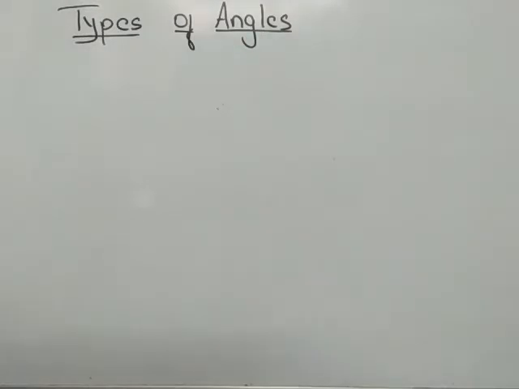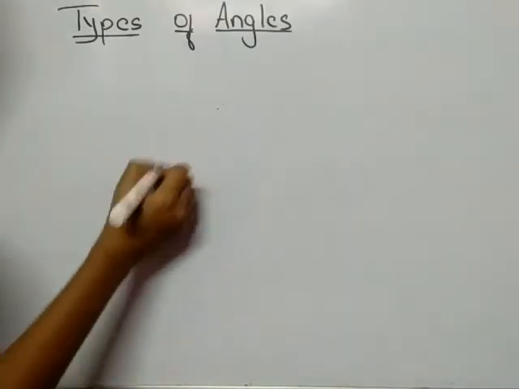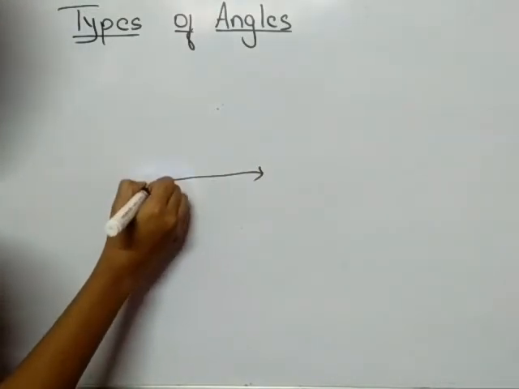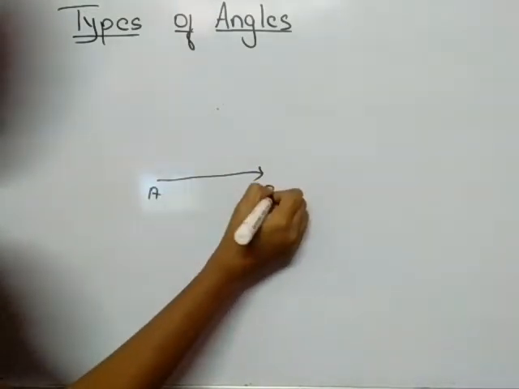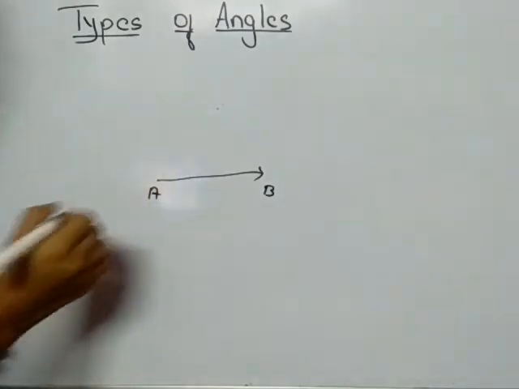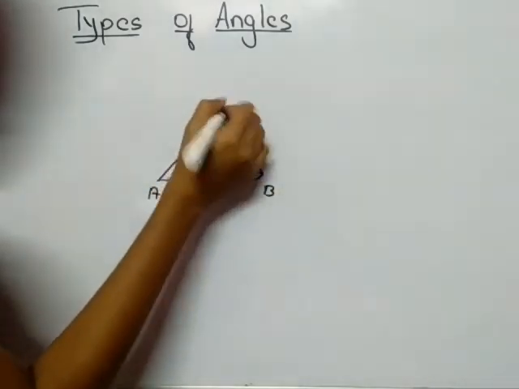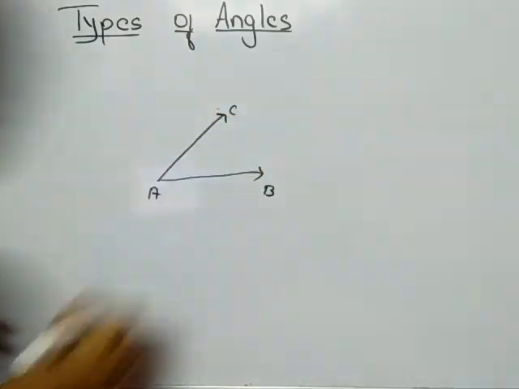In the previous chapter you learned how an angle is formed and how to denote it. An angle is formed between two rays. It is a corner. These are the rays, AB and AC.